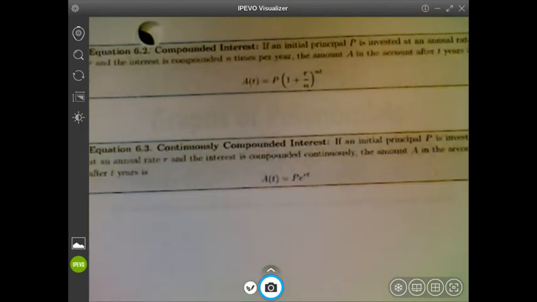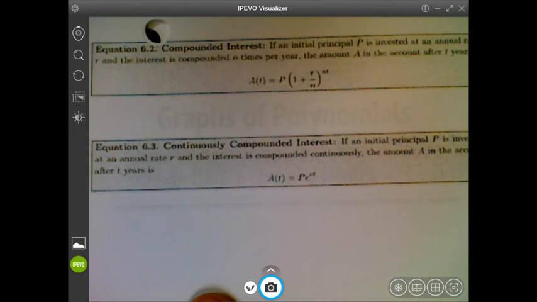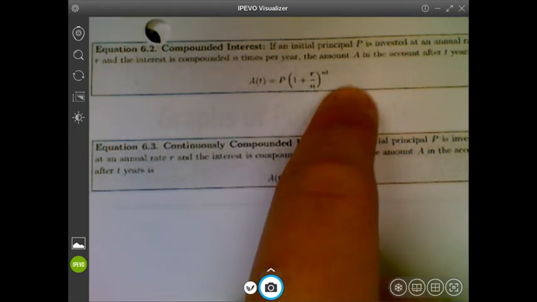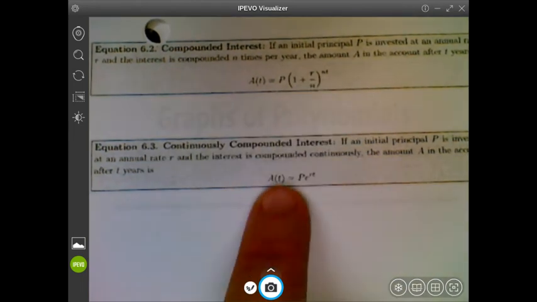And so what we're going to see for the last few problems is another very practical application of exponential functions, and that's compound interest. So this is a formula. This would be great for your formula sheet. So would this one.